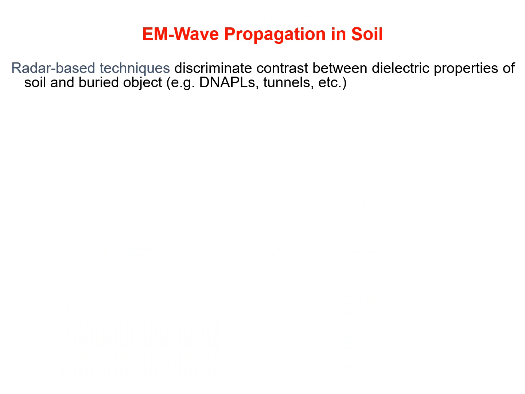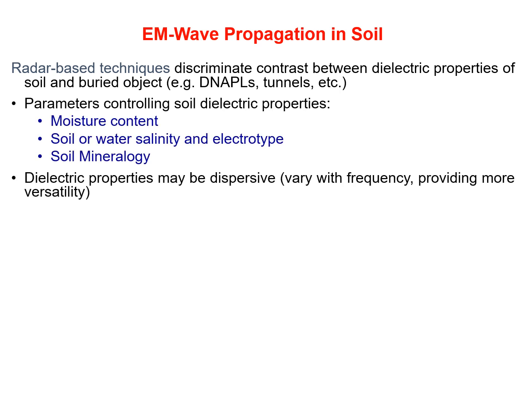EM waves have been used to detect contaminants, tunnels, landmines, etc., or characterize soil's moisture content, density, salinity, electrotypes, or mineralogy. And when it comes to soils, they have very complex dispersive properties.